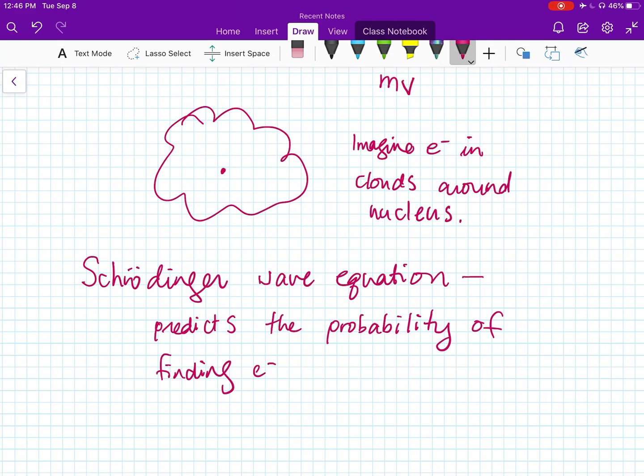There's a Heisenberg uncertainty principle related to this as well in a given region of space around the nucleus. So basically, we don't have these nice circular, well-defined orbits in which we find electrons. We can calculate a probability that they're going to be in a certain area, but it's not as defined as you think. So the Bohr model is not actually very applicable to any atom except hydrogen.